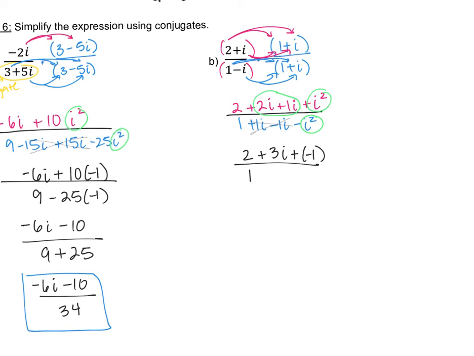The bottom we have a 1 that's left over, these two canceled, and we have a negative i squared, so that's a negative 1. So I can combine these two. 2 minus 1 is 1 plus 3i. The bottom becomes a plus sign. 2 negatives make a plus sign, so 1 plus 1 is 2. And there we have it.